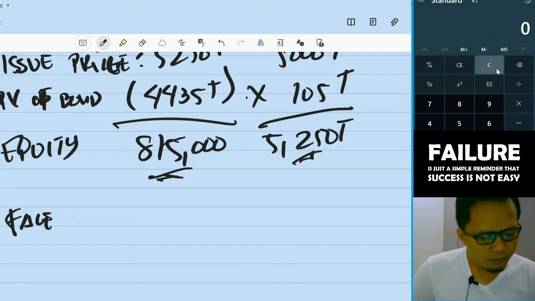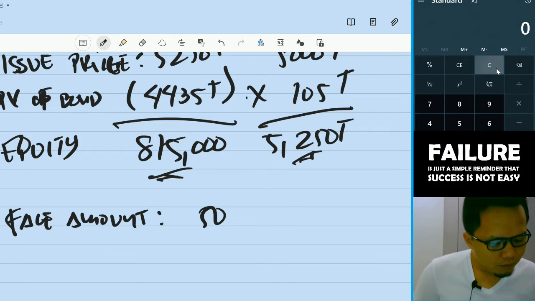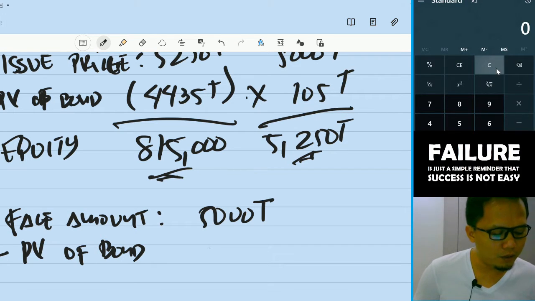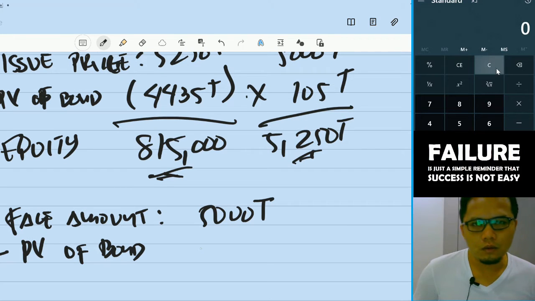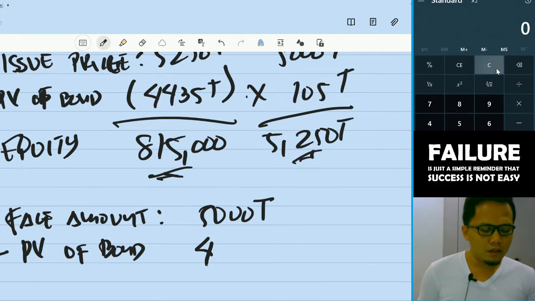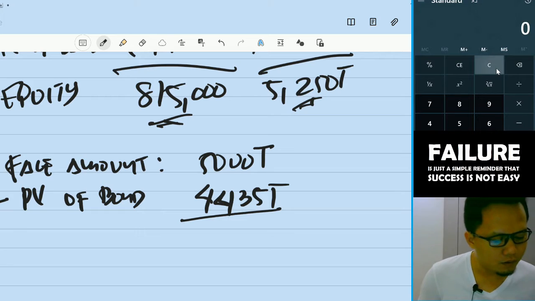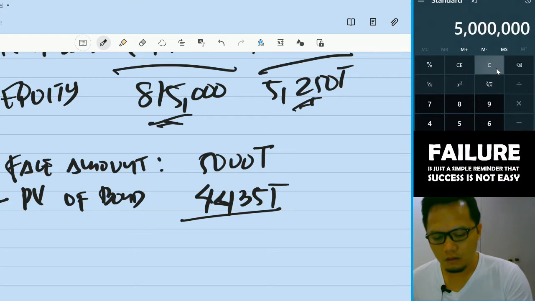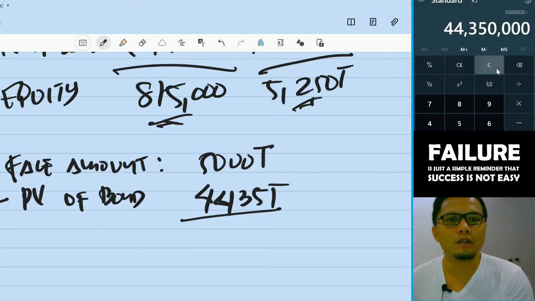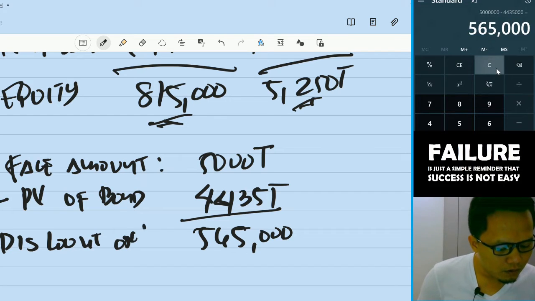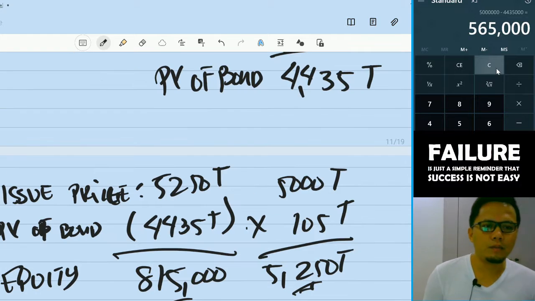Now, the face amount of 5 million compared with the present value of the bond, which we use in lieu of the fair market value because it is unknown, 4,435,000. 5 million minus 4,435,000, we have 565,000, na this is the discount on bonds payable.